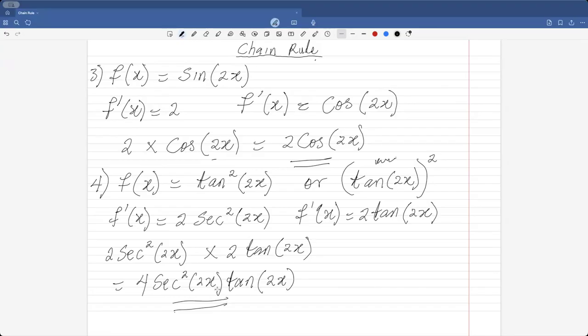So let us take the last example. I like to rub things out.